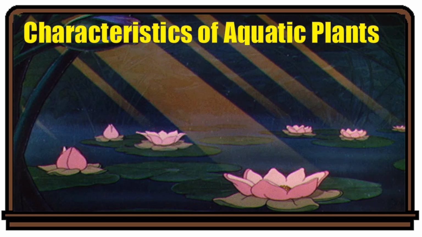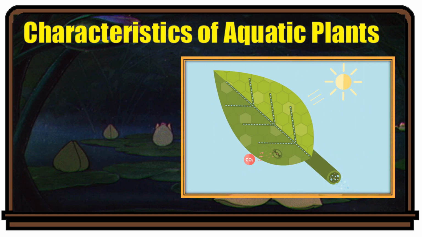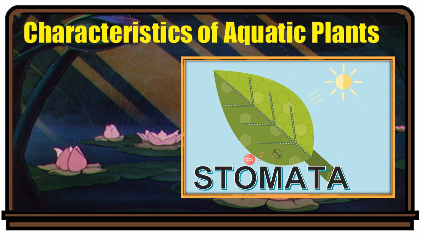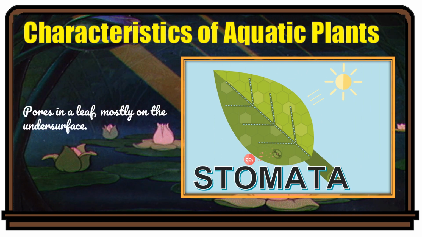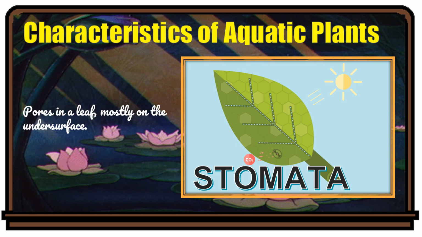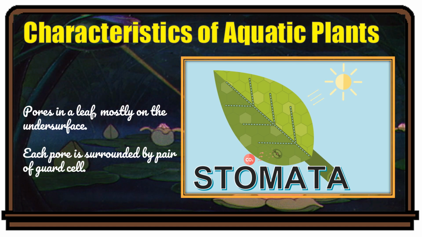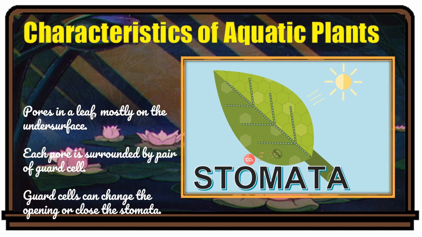What is stomata? Stomata are pores in a leaf, mostly on the under surface. Each pore is surrounded by a pair of guard cells.